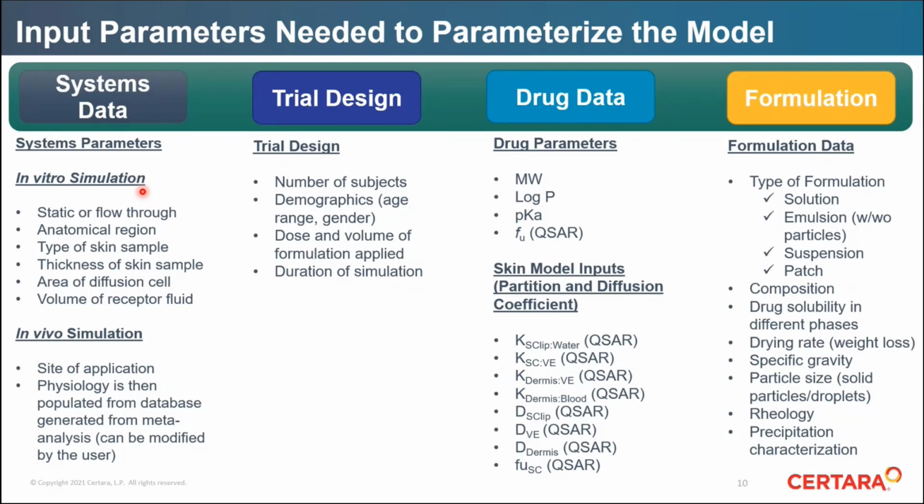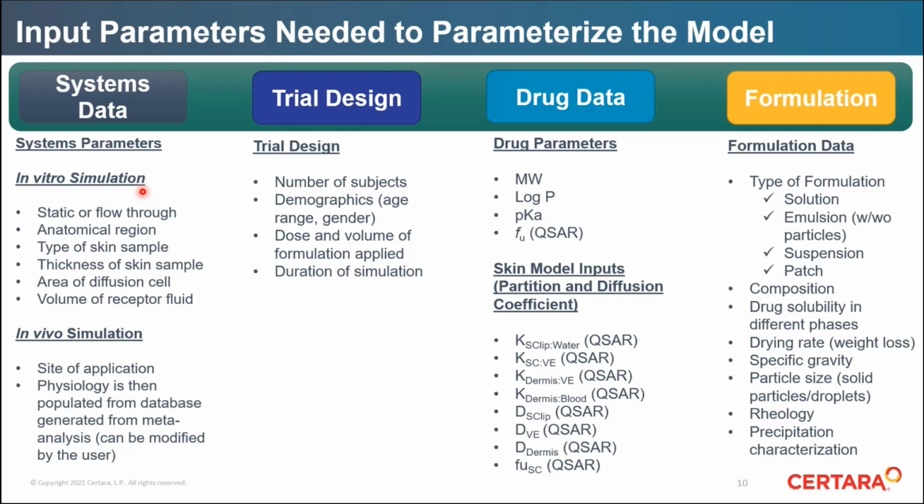That's where we need IVPT data to understand and validate these predictions coming from QSARs. And we're going to show you the workflow: how can you use in vitro permeation data to gain confidence in these partitions and diffusion coefficients.